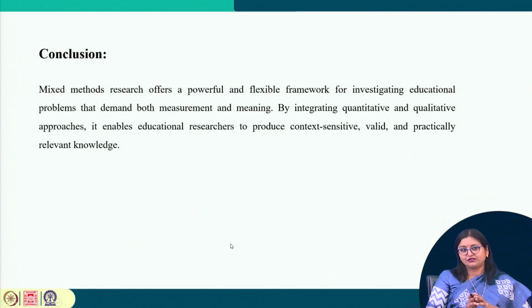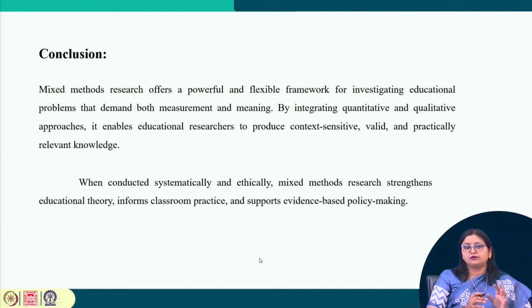Now, we can go for the conclusion that yes, mixed method research offers a good, useful, powerful and flexible framework for investigating educational problems that demand both measurement and meaning. By integrating quantitative and qualitative approaches together, it enables educational researchers to provide context sensitive, valid and practically relevant knowledge useful for the education field.